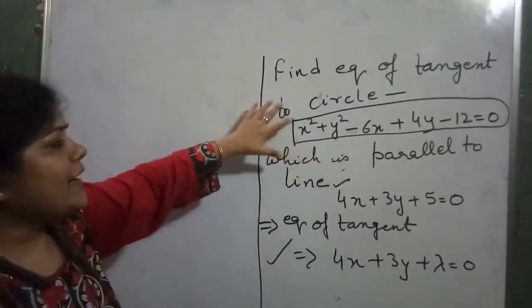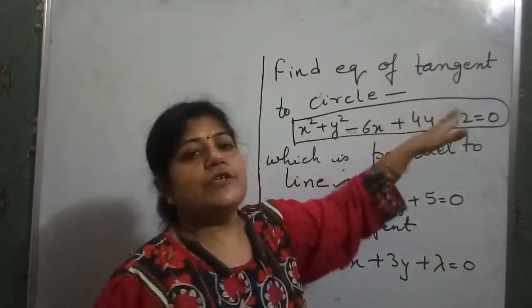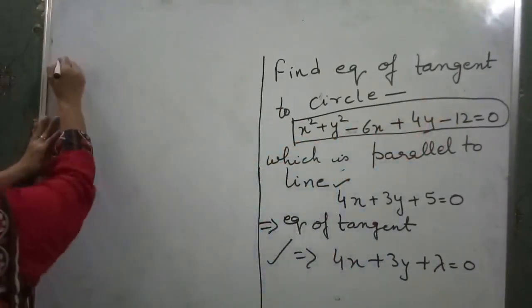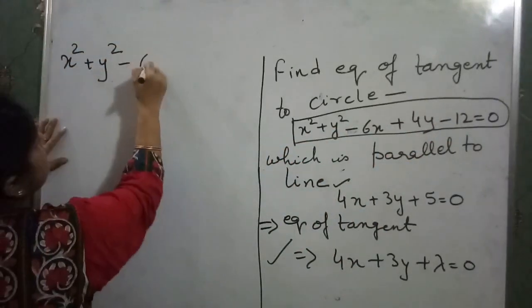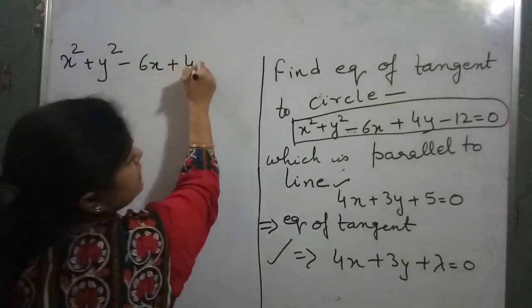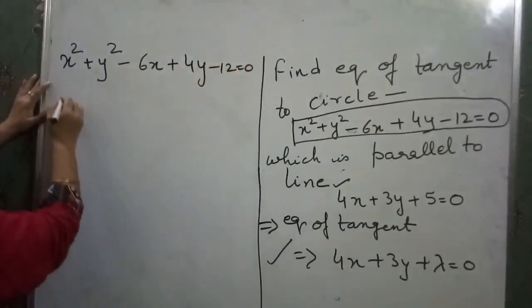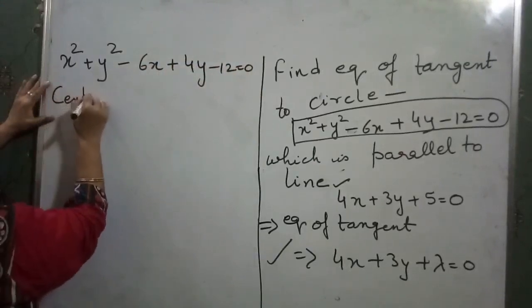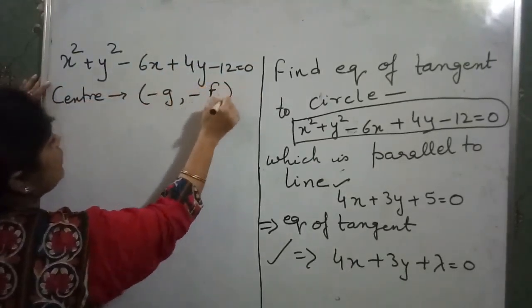Now find the center and radius from the equation of the circle. Our equation of circle is x² + y² - 6x + 4y - 12 = 0. Now the center is (-g, -f).